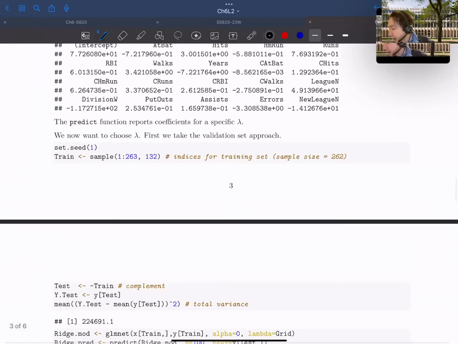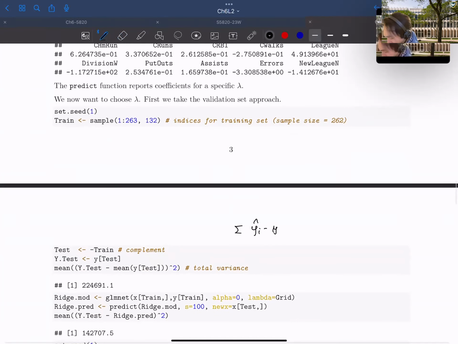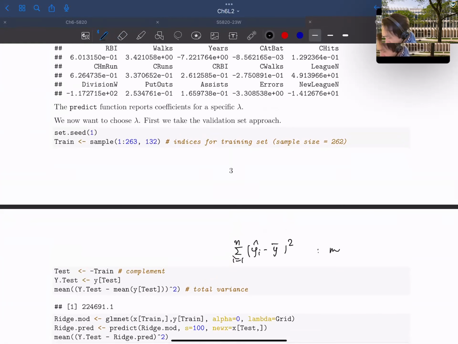At first we want to calculate the total sum of squares, that is the summation of yi minus y bar, the entire average, squared, with i from 1 to n. So this is the maximum possible RSS.